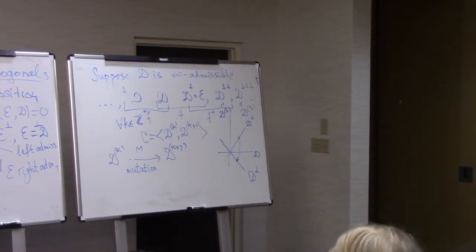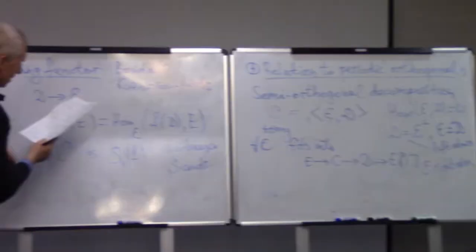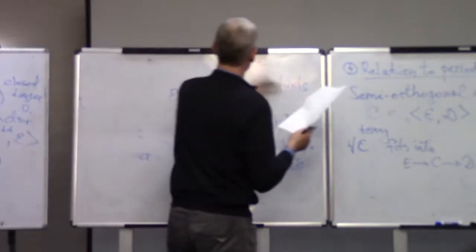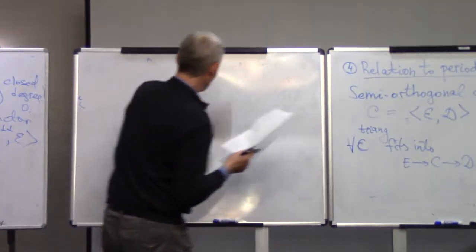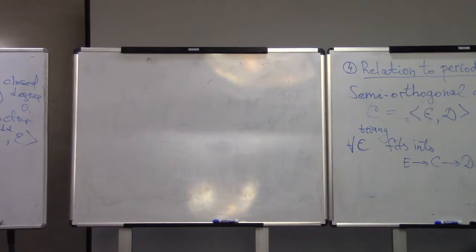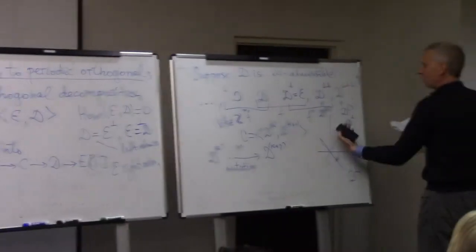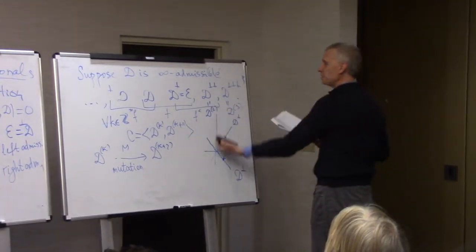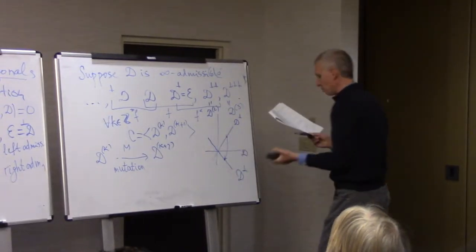Now I want to formulate an elementary theorem, if you want, that the complexes of adjoints describe the matrix elements of the identity functor with respect to two different decompositions.